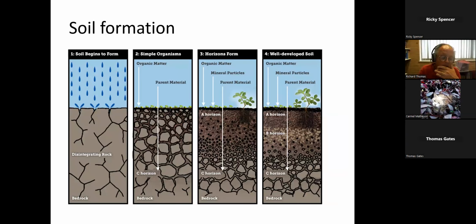Okay, so let's have a look at how soil forms. As I mentioned, it's from disintegrating rock. So weathering of rock occurs through wind and water hitting the surface, and no rock will be perfect. No geological material is ever completely perfect in its formation. The closest you would get are the granites.